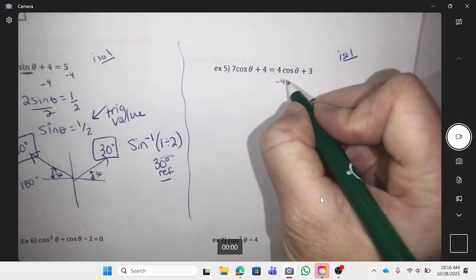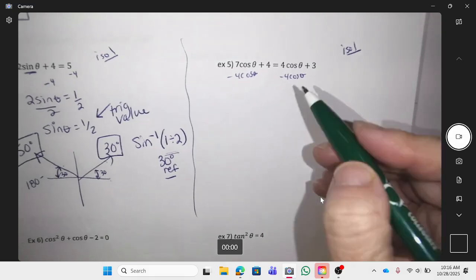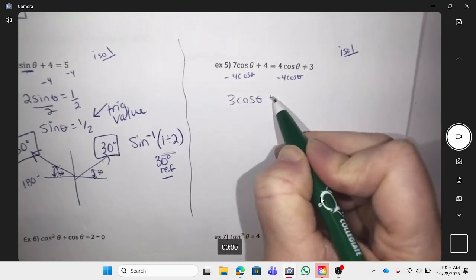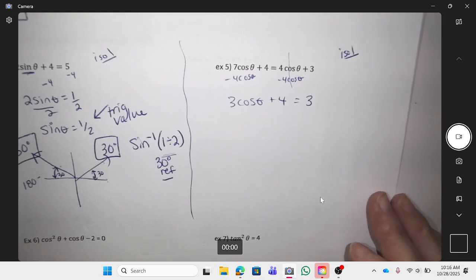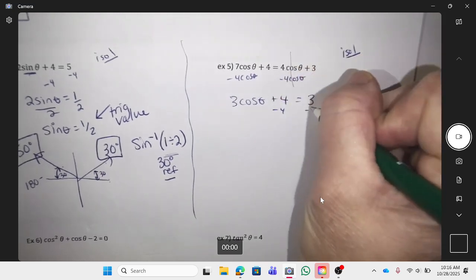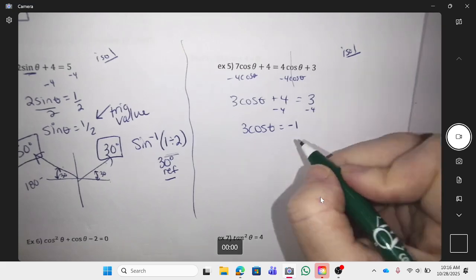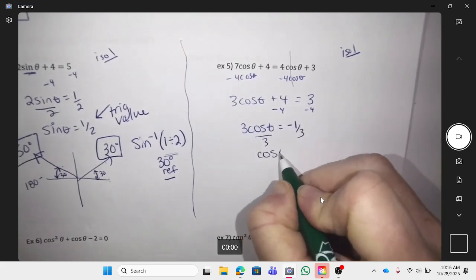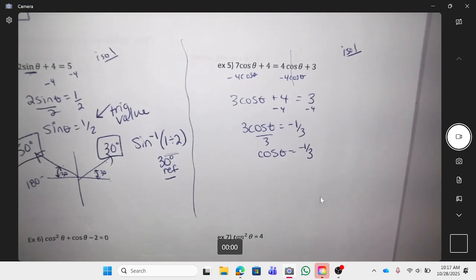So let's go minus 4 cos thetas to both sides and make a collection of them. Subtract a 4. Divide by 3.